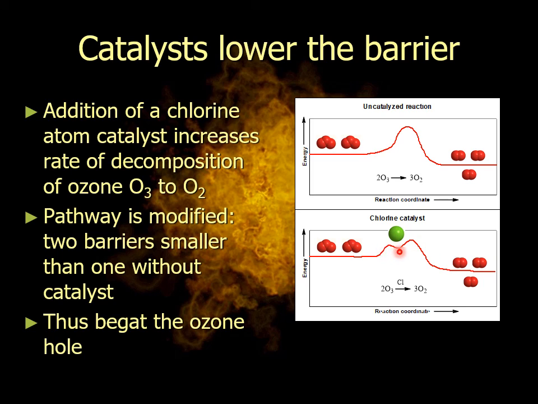It actually lowers the height of the barrier. Thus, more O3s under the same conditions can convert into O2s. And therefore, that's how the ozone hole came about, because the ozone started disappearing faster than it had previously. Now, there's a lot more to this story than I can share in this single slide, but it's a good illustration of the principle of catalysis.